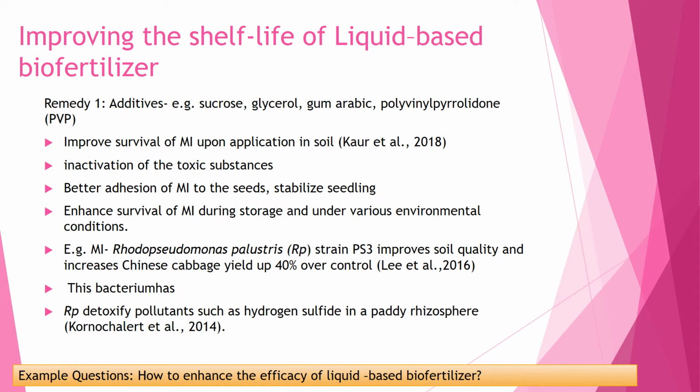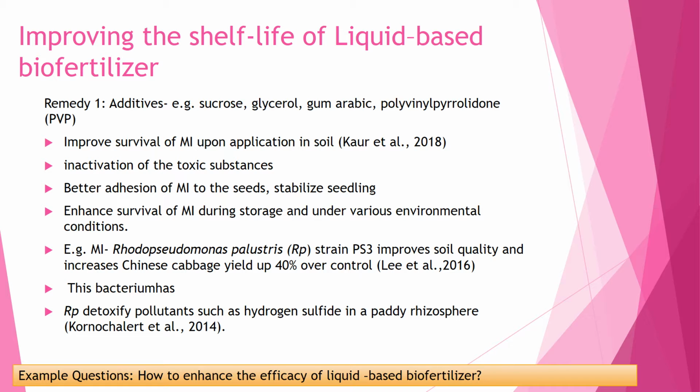In order to improve the shelf life of liquid-based biofertilizer, a range of additives such as sucrose, glycerol, gum arabic, or polyvinyl pyrrolidone, PVP for short, can be added to improve the survival of the MI upon application in soil.